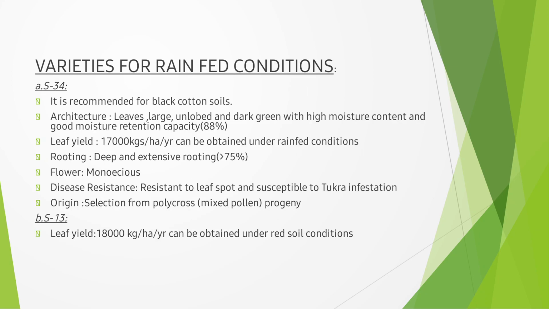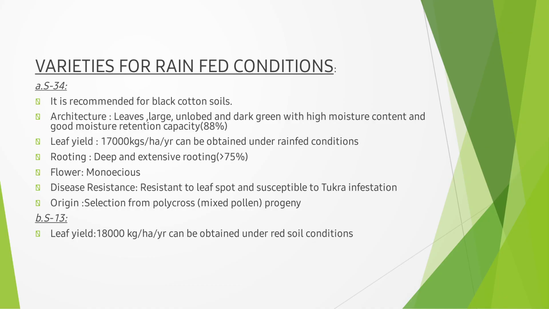The varieties for rain-fed conditions are S34 and S13. S34 is recommended for black cotton soils. Architecture: leaves large, unlobed and dark green with high moisture content. This is an important feature, a good moisture retention capacity of around 88%. Leaf yield is around 17,000 kilograms per hectare per year.